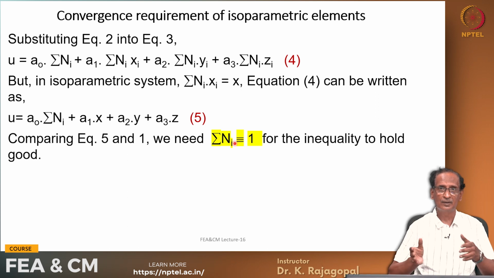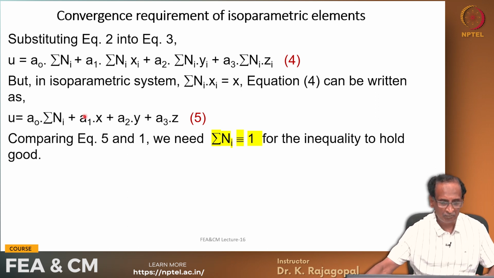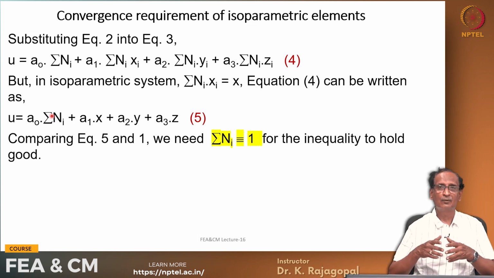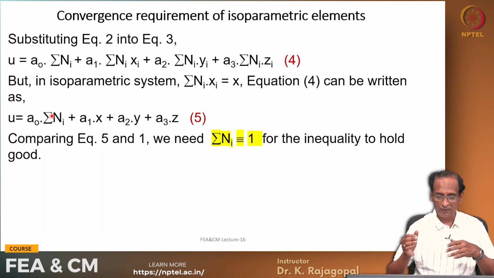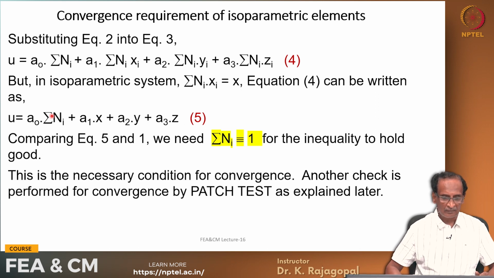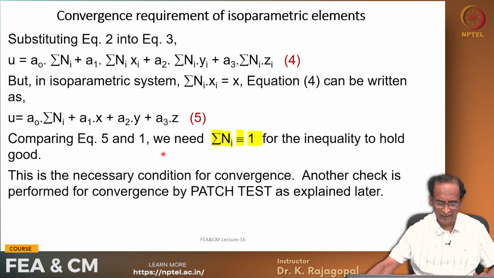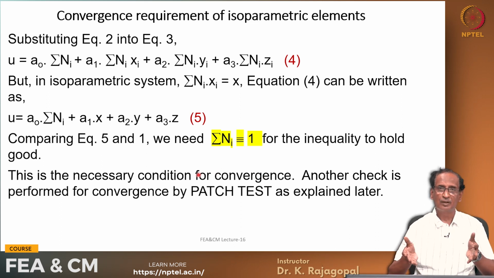So, we cannot have different values. That can be true only when the sum total of all the shape functions is equal to 1, and this is the necessary condition for convergence, and that is monotonic convergence.